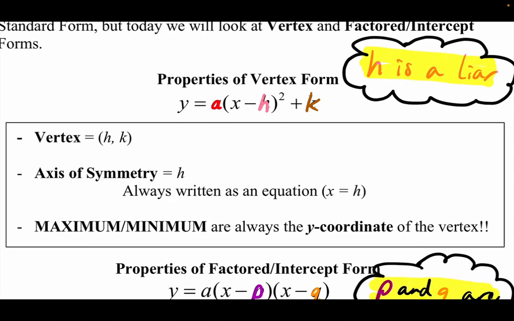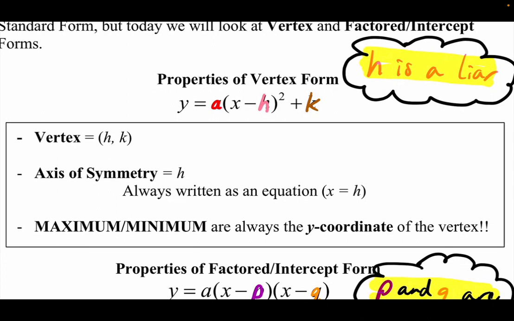So how do we know if something is going to have a maximum or minimum? If it's up or down, right? Arrows up means it's going to have a minimum. Arrows down, it's going to have a maximum.